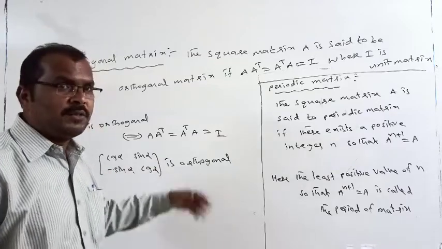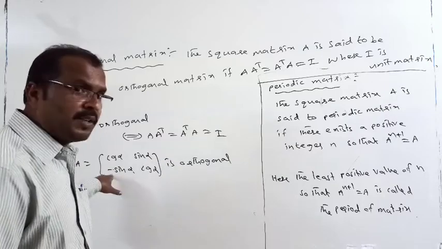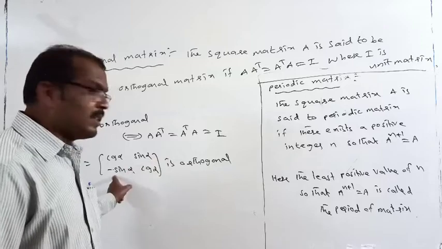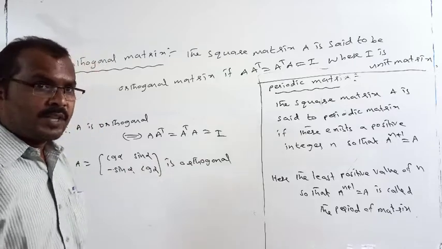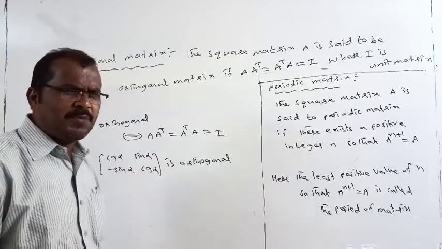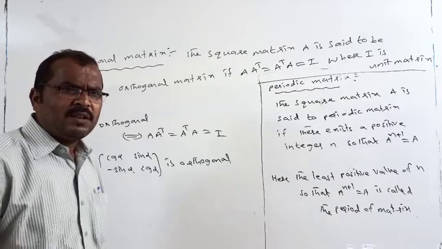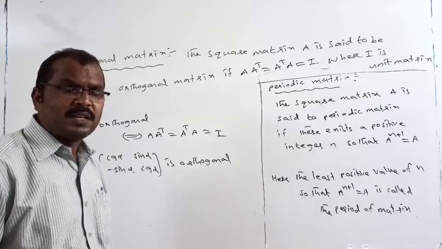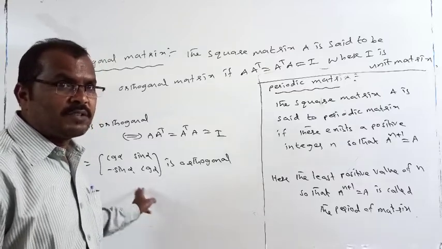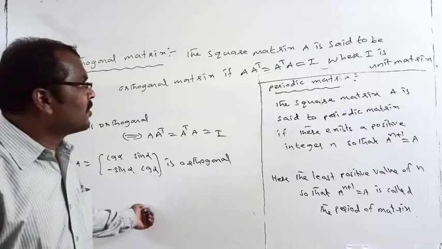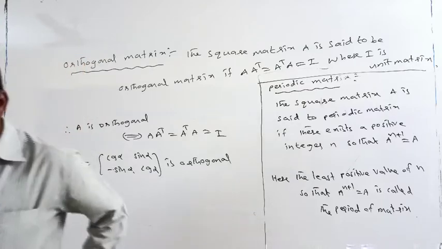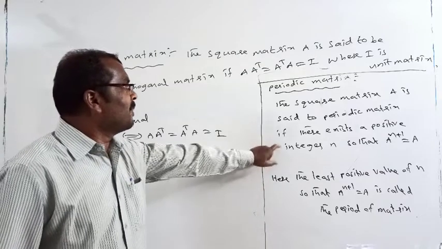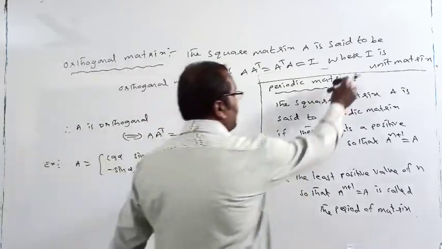Then prove that A into A transpose is equal to I. See the previous problem, exercise 3C, second Roman, first one. So write it. First write down the periodic matrix. After that, orthogonal matrix.